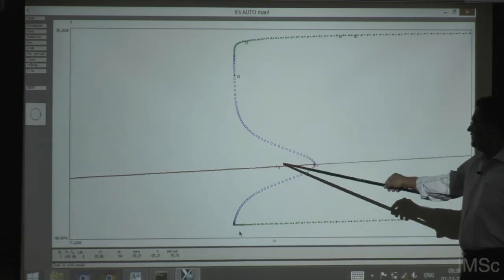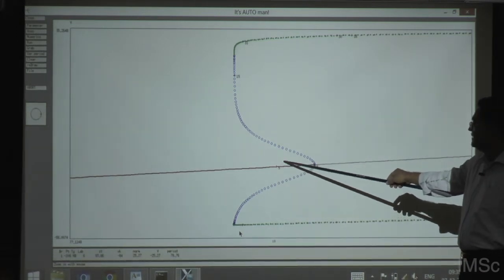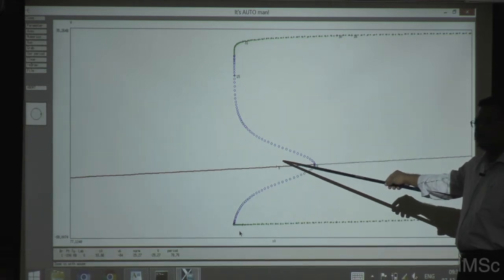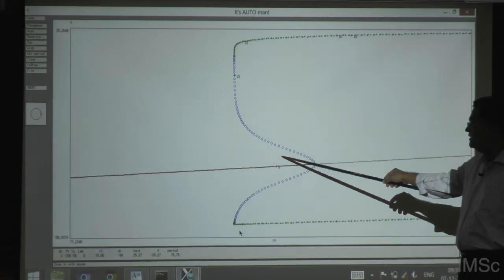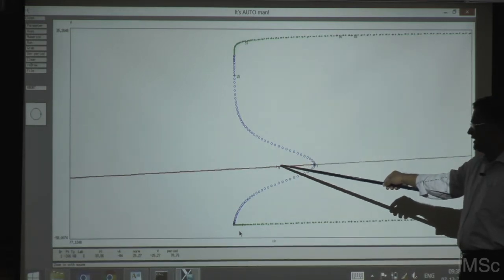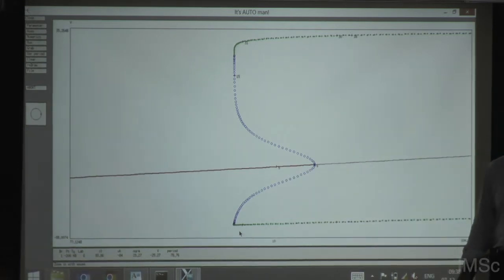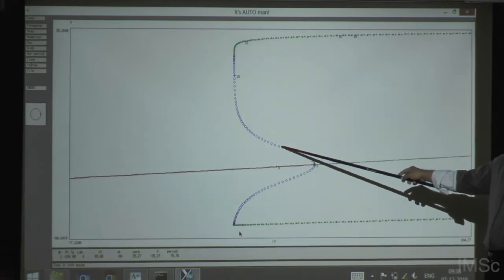If you're at position 5, that's a stable fixed point, and you diverge away from it a little bit, you perturb yourself away from it, because it's an attracting stable state, you will come back. The trajectories in the neighborhood of 5 will collapse back onto this fixed point. If your perturbation is large enough, what happens if you're actually stuck at this position over here?